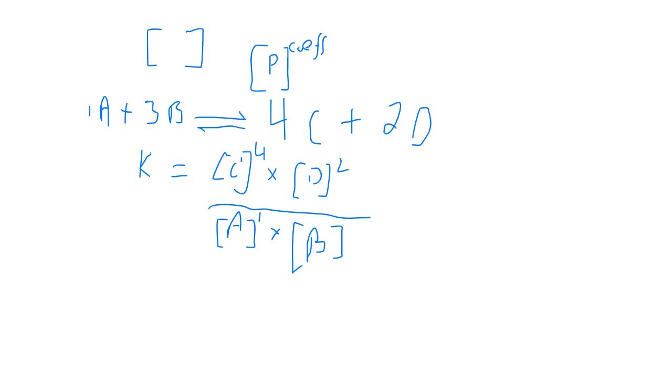So according to the law of mass action, you always write the product of the concentrations of C and D raised to the power of their coefficients, divided by the product of the concentrations of A and B raised to the power of their coefficients. So this is the way to write the chemical equilibrium.